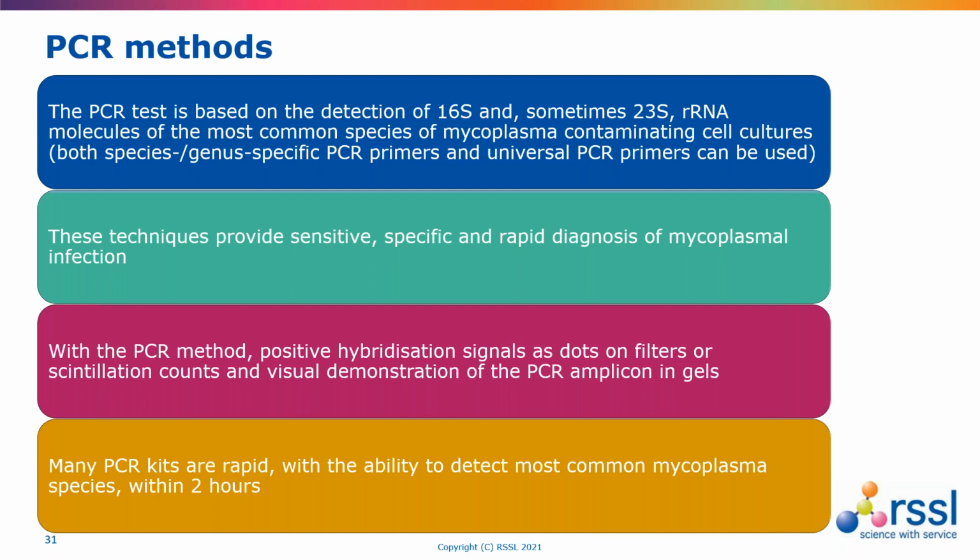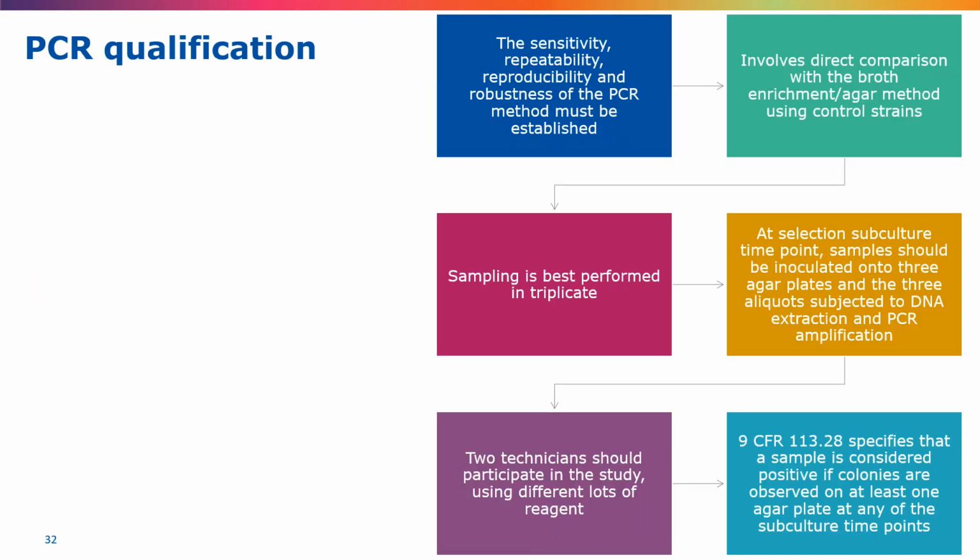But it is important that the PCR assay is qualified. So again, known cultures of Mycoplasma should be used, with those cultures sourced from an approved culture collection, such as the American Type Culture Collection.